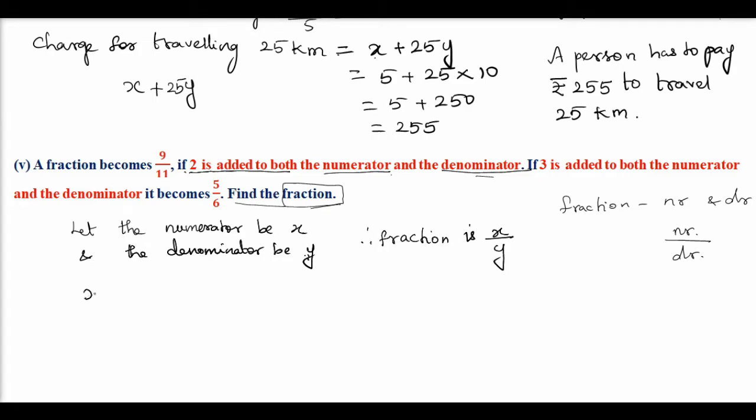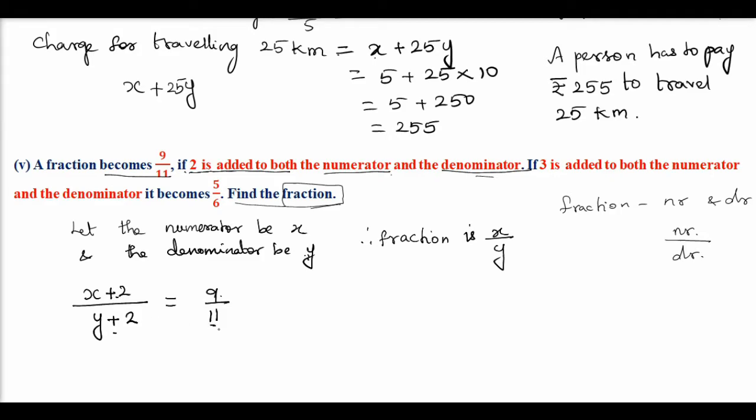So to the numerator I add 2 and to the denominator we add 2, so that the fraction becomes 9 by 11. This is equal to 9 by 11. So this is the first condition given. When you add 2 to both numerator and denominator, the fraction becomes 9 by 11.